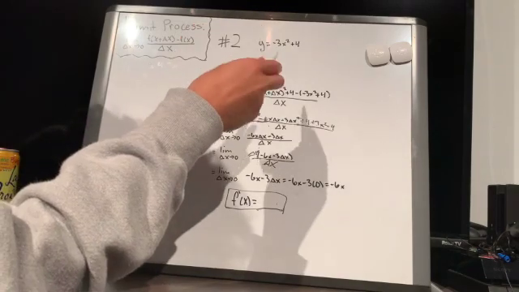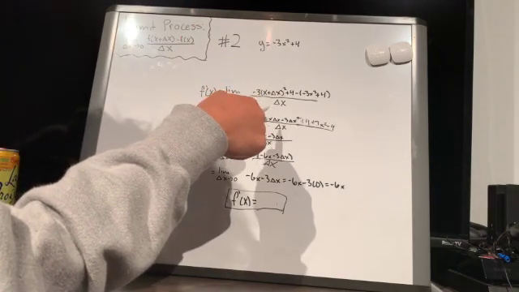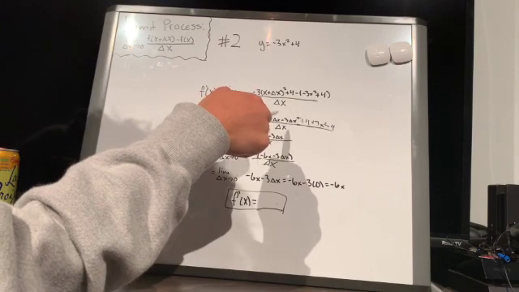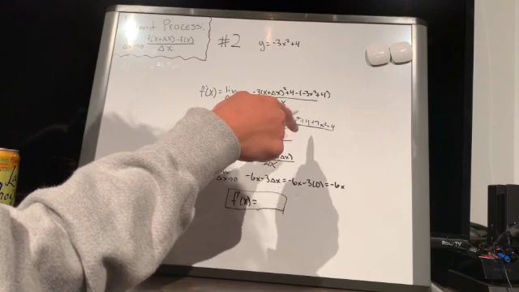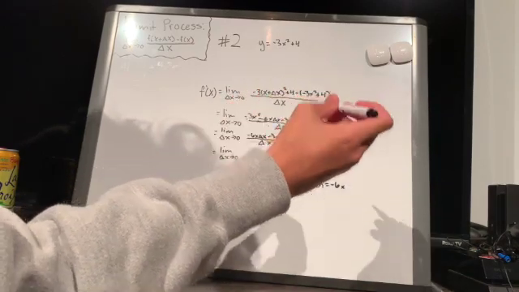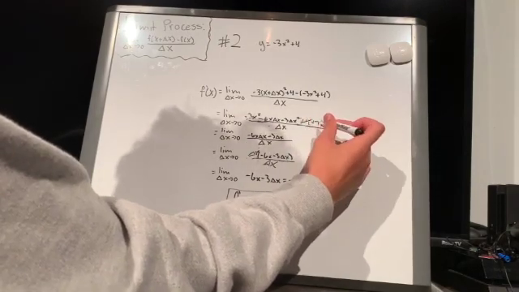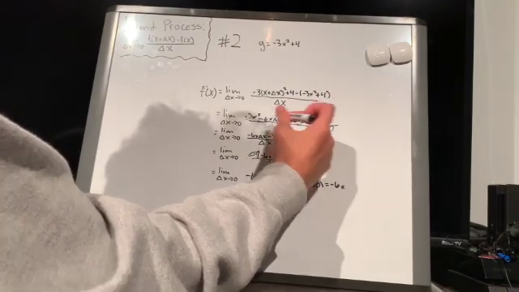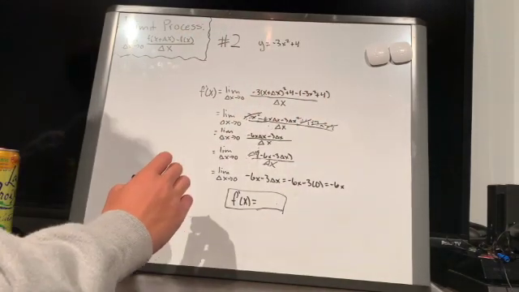And when we distribute out everything, we end up with negative 3x squared minus 6x delta x minus 3 delta x squared plus 4 plus 3x squared minus 4 all over delta x. So from here we can start canceling out negative 4 with positive 4 and positive 3x squared with negative 3x squared.